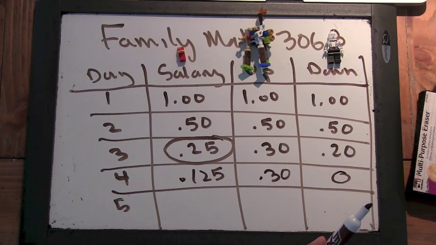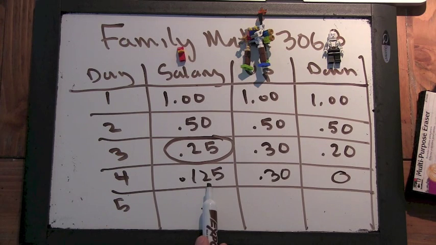What would we have to do here for this box, for the 5th day? What would we have to compute? We have to compute 2.5 times 0.125 minus 0.25.